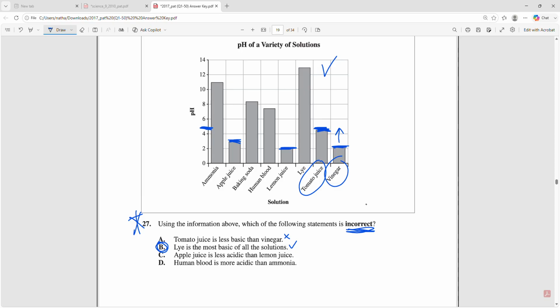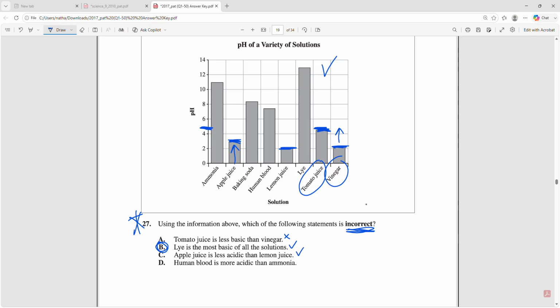That's not correct, because apple juice is more acidic. Sorry, wait, hang on. Pardon me, I'm getting confused now. I think it threw me off seeing that I had the wrong answer here. Apple juice is less acidic. Yes, that's correct. It's not as acidic as lemon juice. Okay, so that's also a true statement.